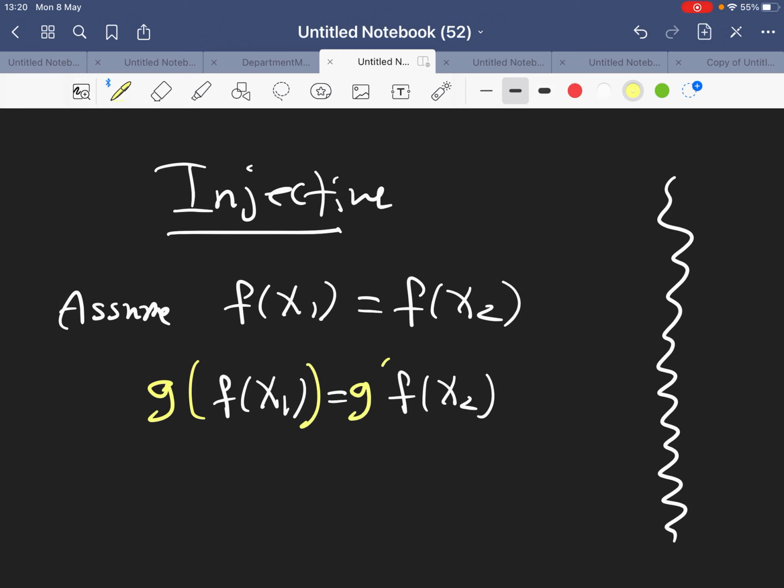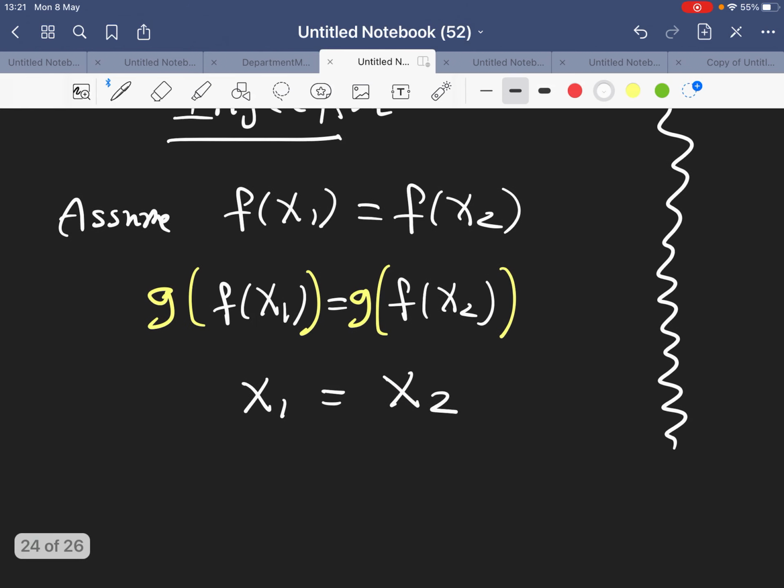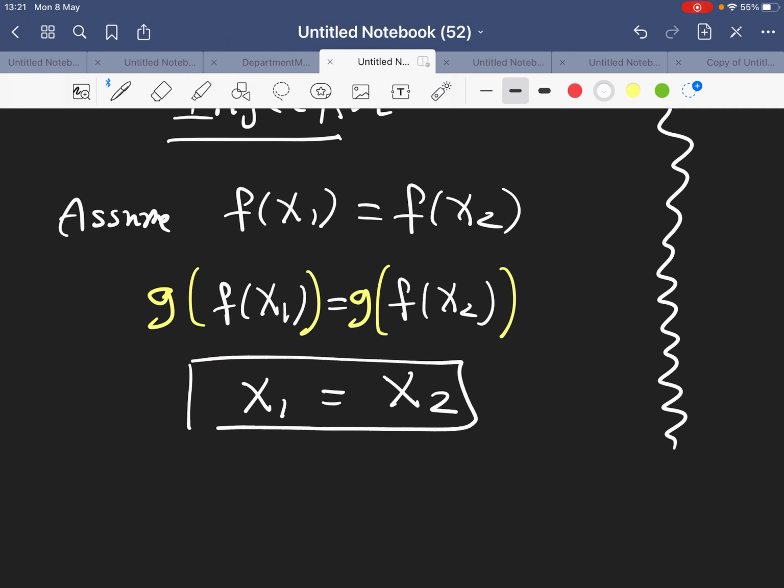Now remember, f and g, because they are inverse to each other, I will just get x1 to survive, and here I will get x2 to survive, so I get the function injective. So f is injective.